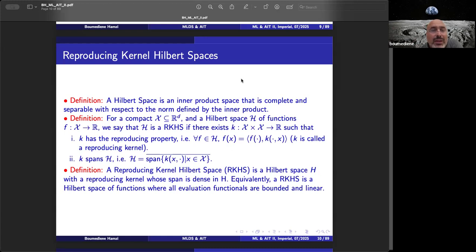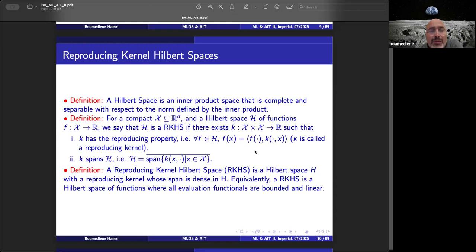So yeah, what are they? Reproducing kernel Hilbert spaces are Hilbert spaces with two extra properties. The first one is the reproducing property, which is this one here: the value of a function at a point is the inner product of the function with the kernel.